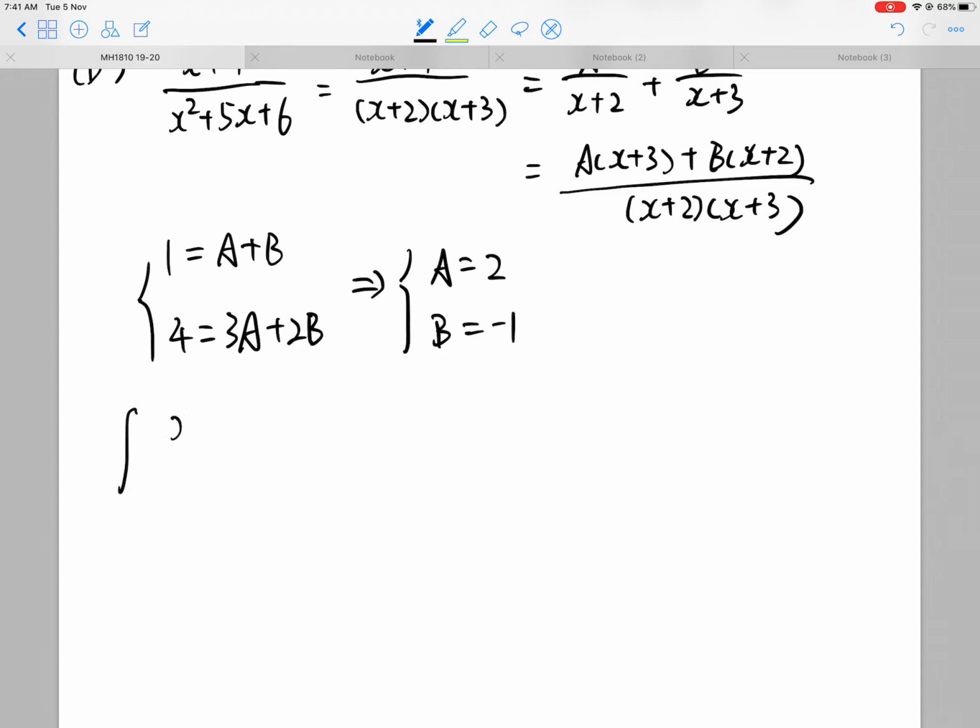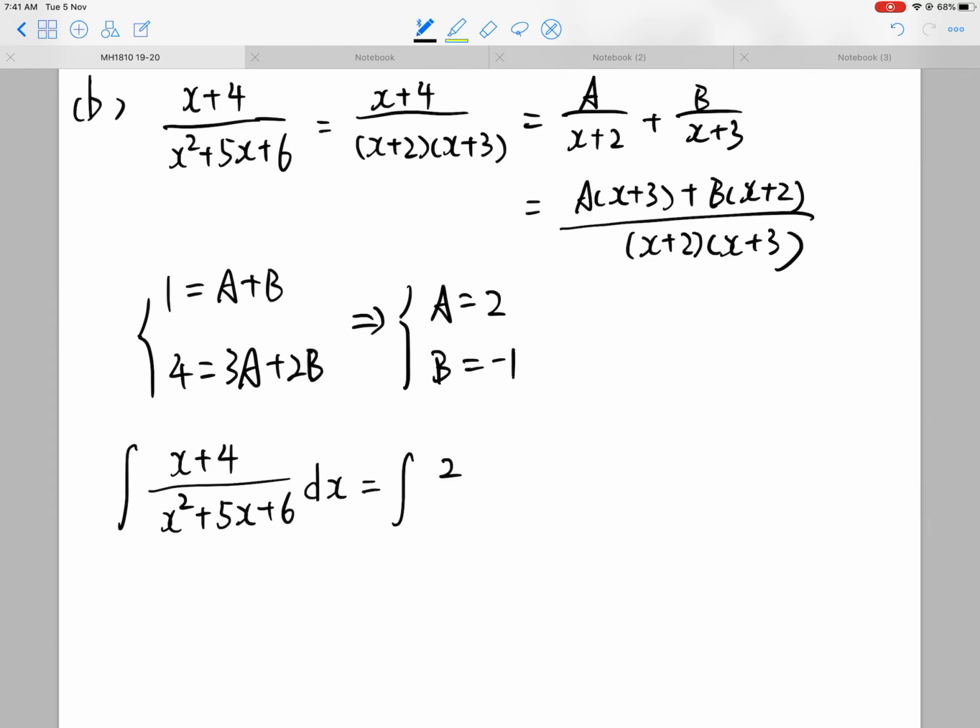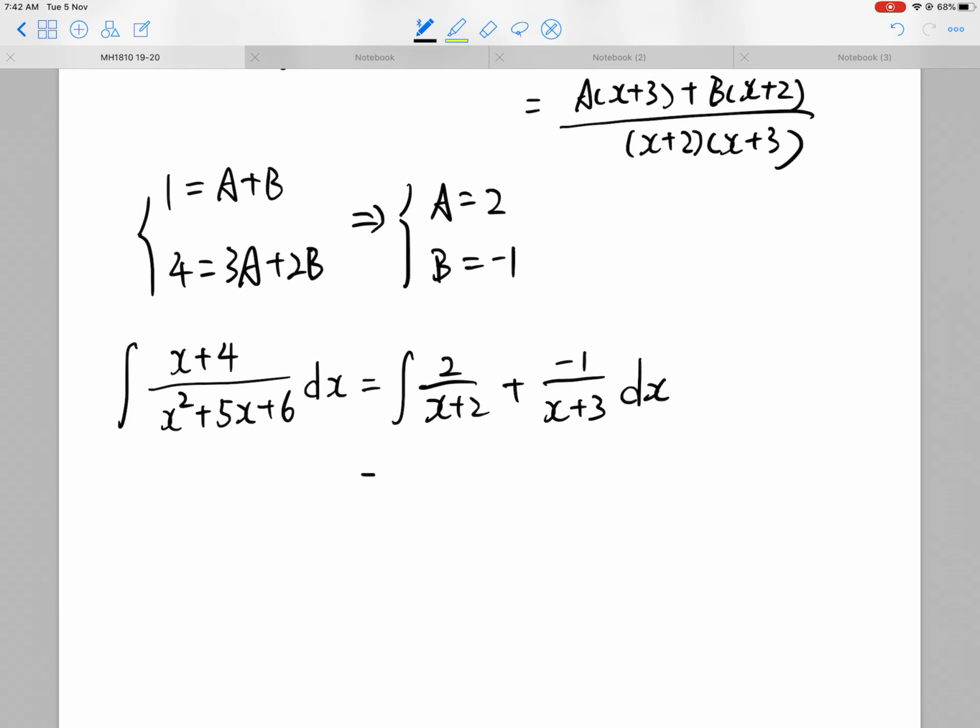It is the integration of 2 over (x plus 2) plus negative 1 over (x plus 3). Then this part is 2 ln absolute value of (x plus 2) minus ln absolute value of (x plus 3) plus c.